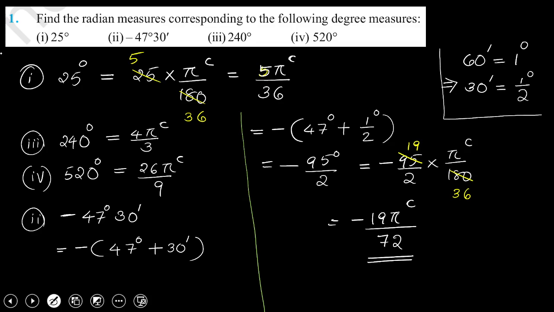Convert to radian. Try this question: 40 degree 20 minute. I will discuss if you are not getting it, but you try first, within 2 or 3 minutes. Send me the answer through WhatsApp. Convert to radian measure.